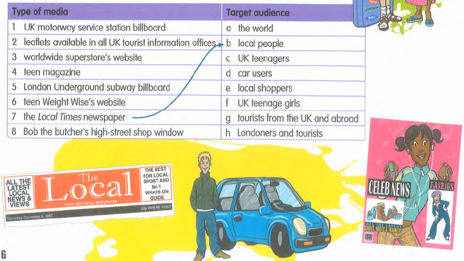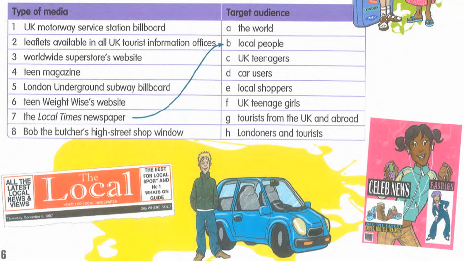You have leaflets available in all UK tourist information offices. A leaflet is like a piece of paper that is given to people. Maybe you've seen around the city some group of young adults that are handing out leaflets, a piece of paper with information about maybe a new product or a new service that is ongoing in town.